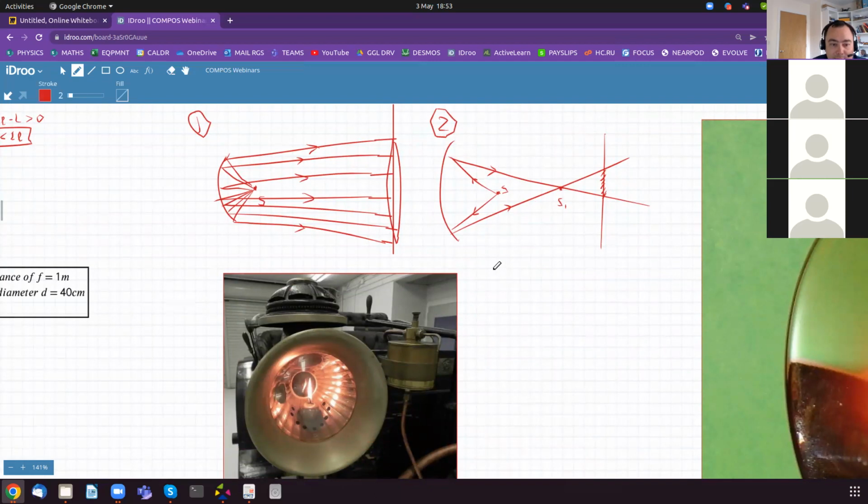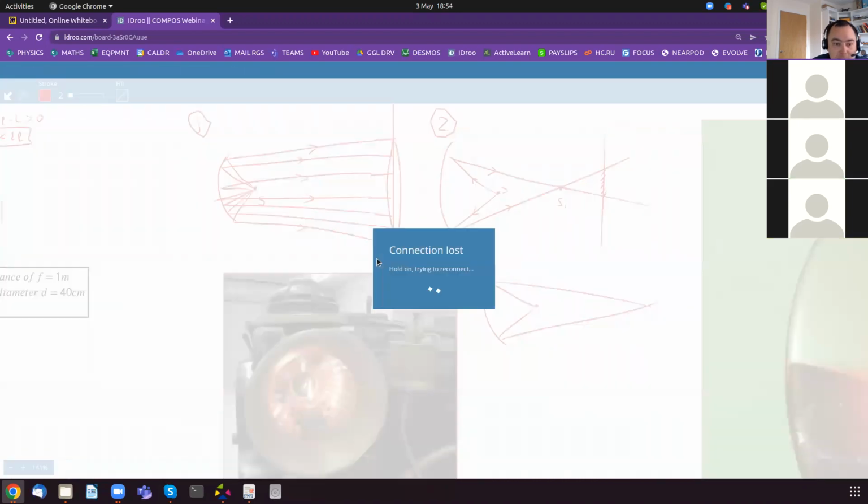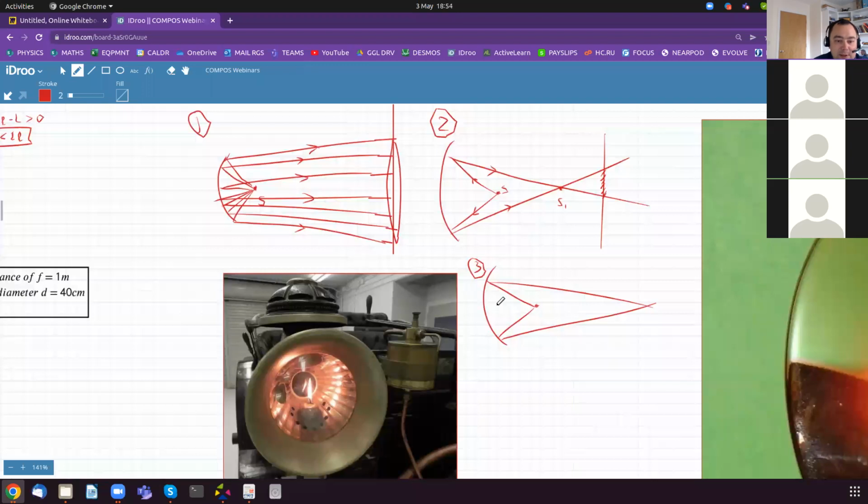And 3 if we have a mirror, and we have the source of light here. It reflects. Okay, this kept happening, so it might be that these things will disappear shortly.